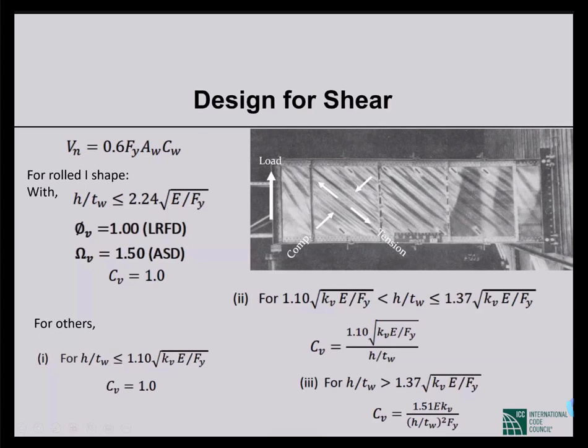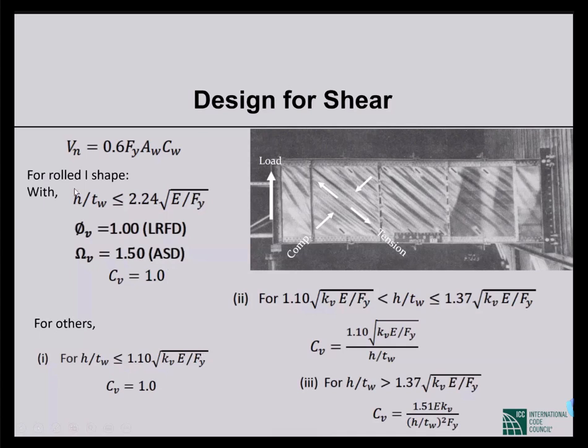Beyond this, we'll have a long column effect, where there will be elastic buckling. Within this limit, there will be inelastic buckling. So when it is within this limit, the phi factors and omega factors are mentioned here, and CV is 1, because we won't have elastic buckling.